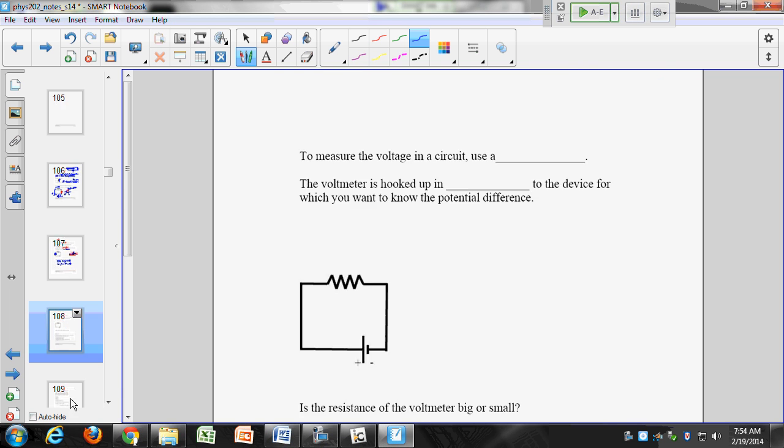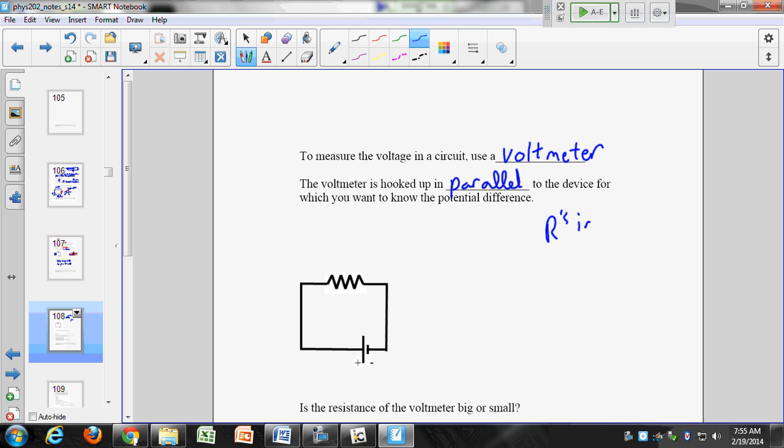Go on down from here. Now to measure the voltage in a circuit, we're going to use a voltmeter. With the voltmeter, we're going to hook it up, what do you think, series or parallel? Parallel. Y'all have done this. The reason we hook it up in parallel: remember with capacitors, if capacitors were in parallel, they have the same voltage. That's going to be true for resistors as well. So resistors in parallel will have the same voltage. I'll go ahead and write that up here.